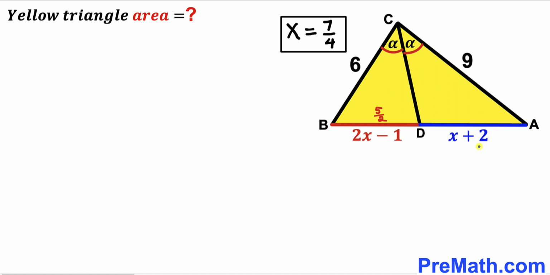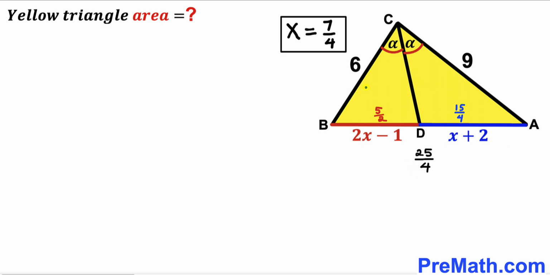So this AD side length turns out to be 15 divided by 4. Now this whole side AB is going to be the sum of these two segments, 5 divided by 2 plus 15 divided by 4. If we add these two fractions, that is going to give us 25 divided by 4.